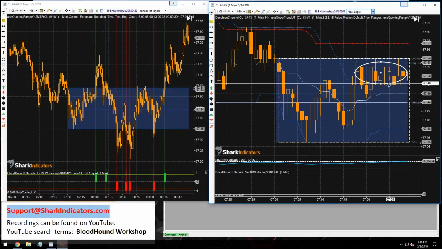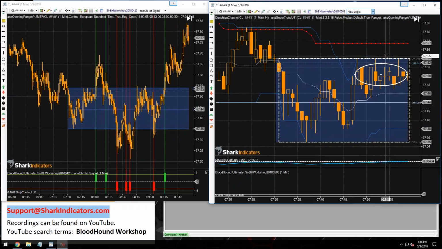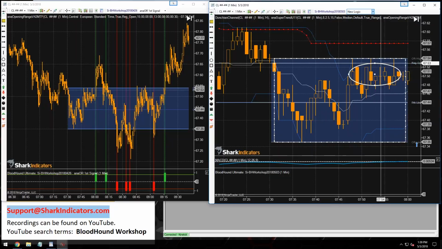We don't want BlackBird submitting an entry order quite yet. So we need to put some kind of a time block on BloodHound so that it will generate a signal only after the open range is finished.